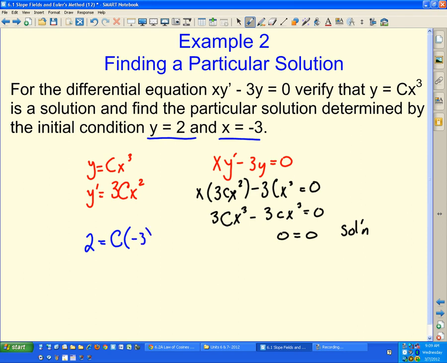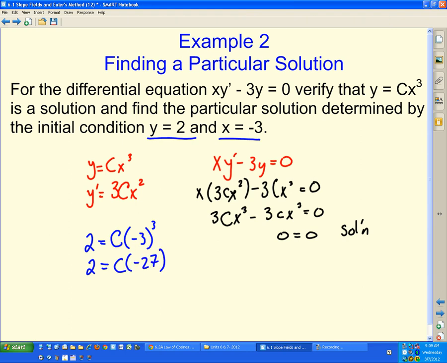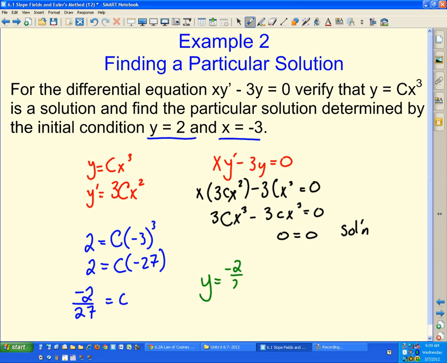When I cube negative 3, I get negative 27, and then I divide, so negative 2 over 27 is c. This whole process will work with the more particular solution, and that more particular solution is y equals negative 2/27 x cubed. That's really what we're looking for, our particular solution of this one.